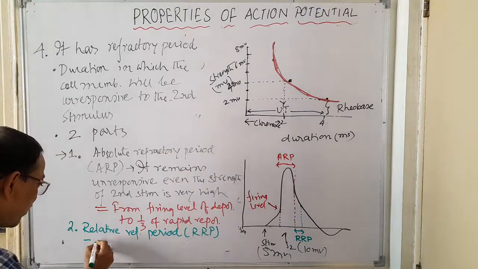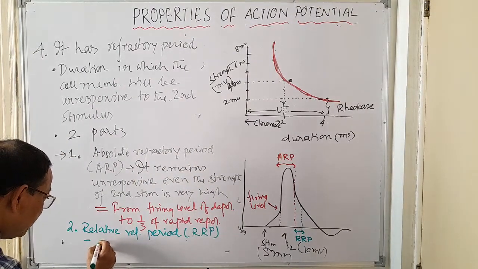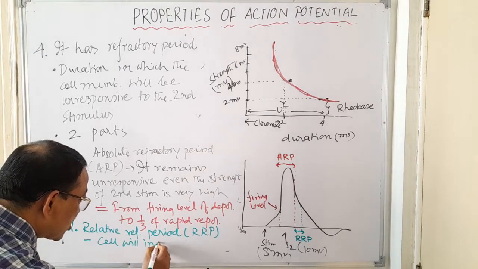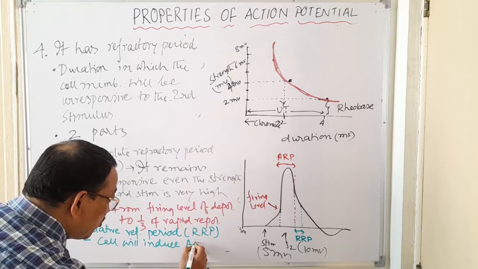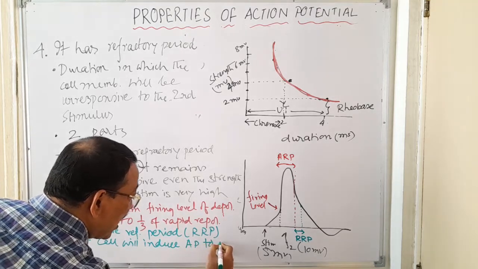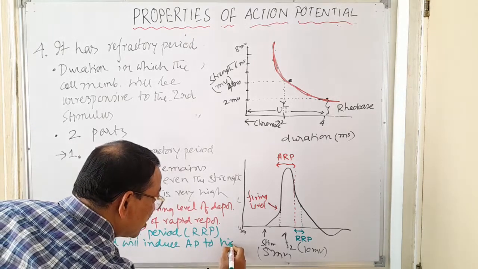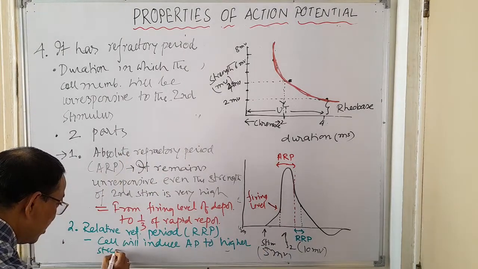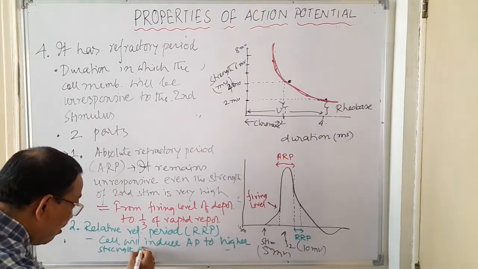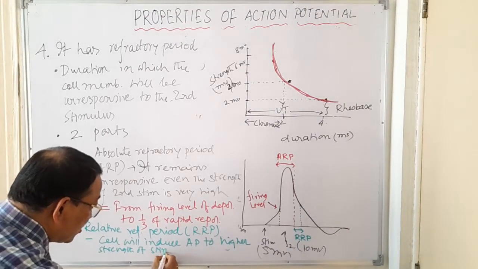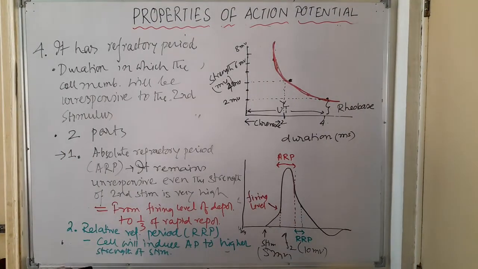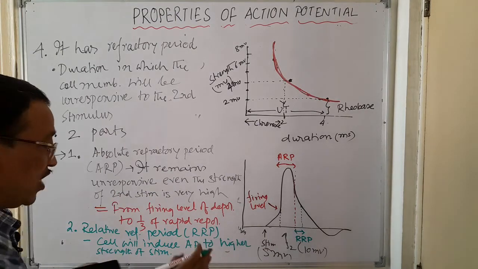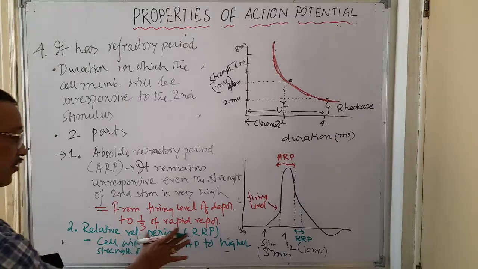During this period, the cell will induce an action potential to a higher strength of stimulus. That is the period known as the relative refractory period.